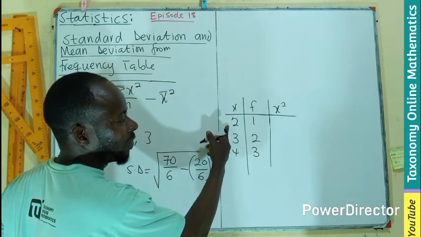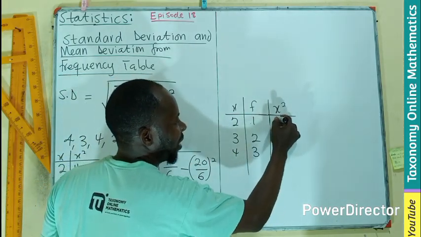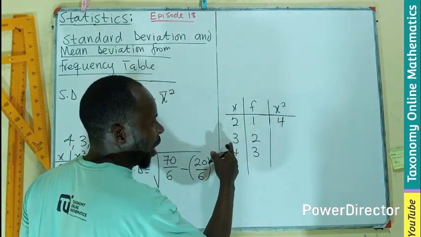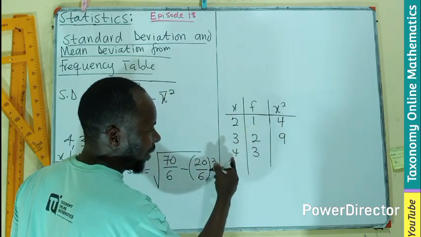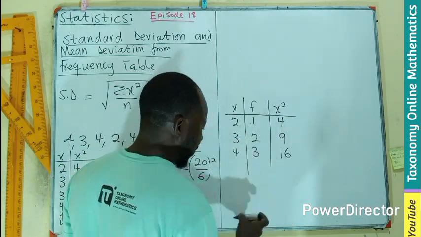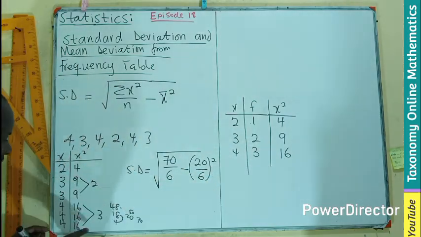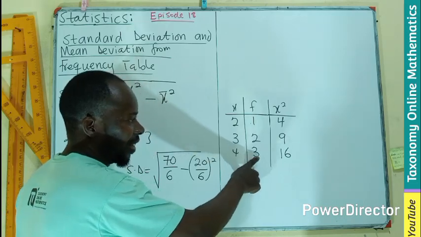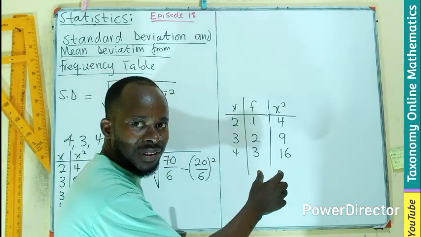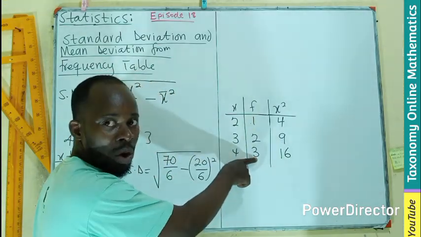If I go to the next column, which is x squared, squaring gives 4, 9, and 16. If you check carefully, I have only one 16 here, but there are 3 of them.